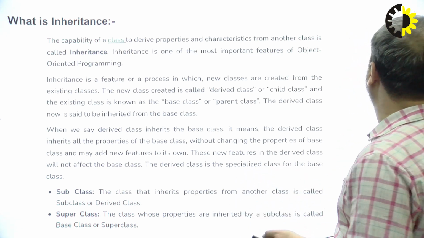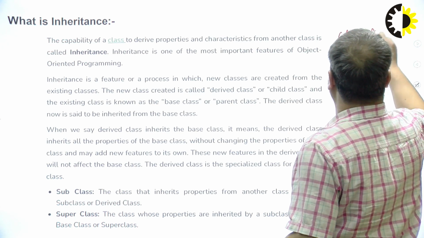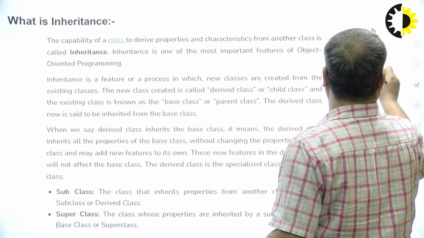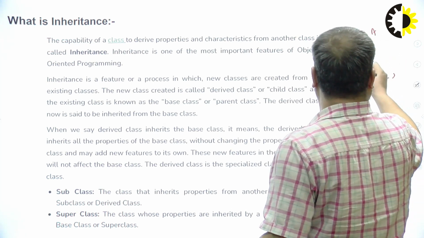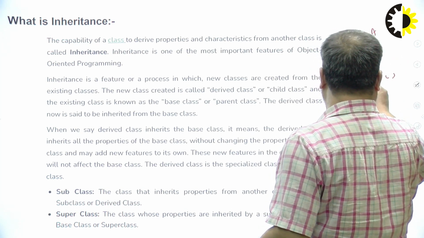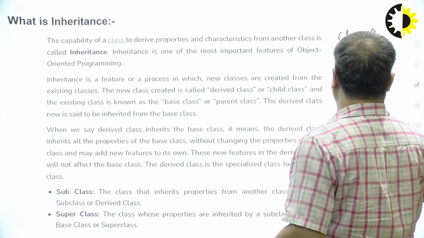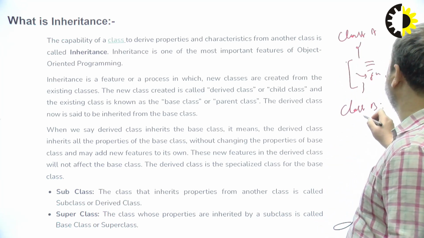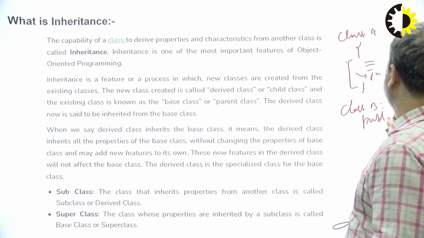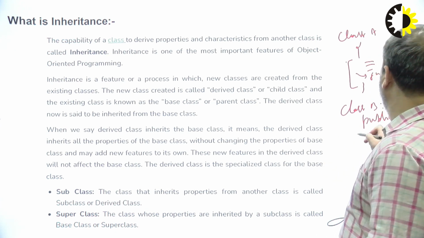For example, if we write some class A, and there are some members and functions, whatever the properties of A can be inherited by creating another class B. The syntax we have discussed here is in C++.